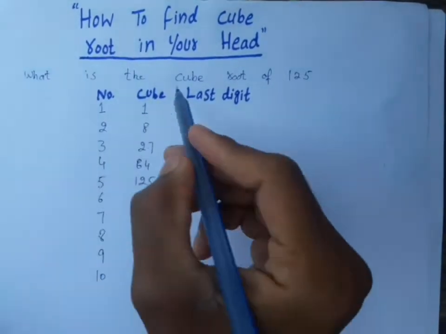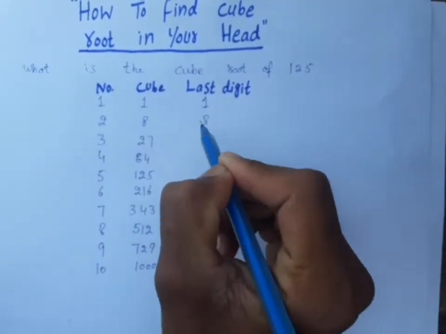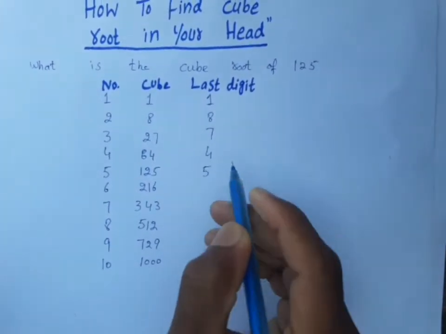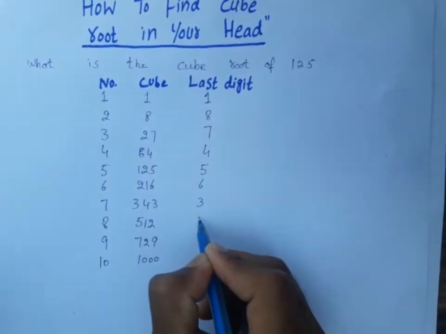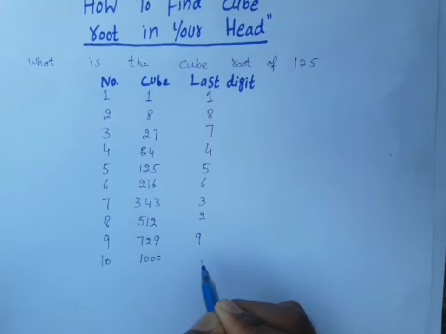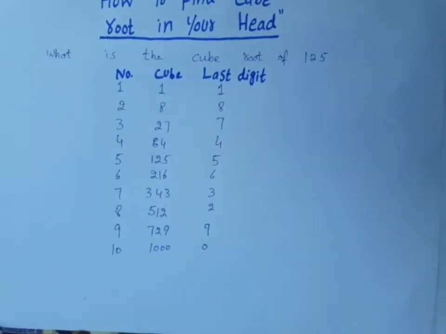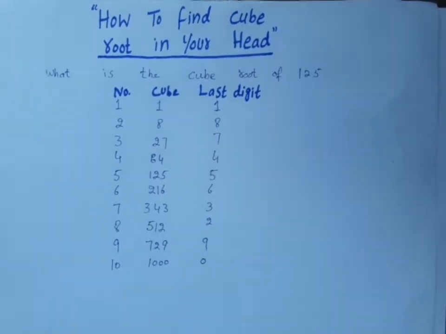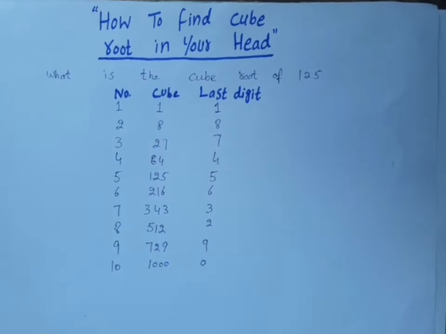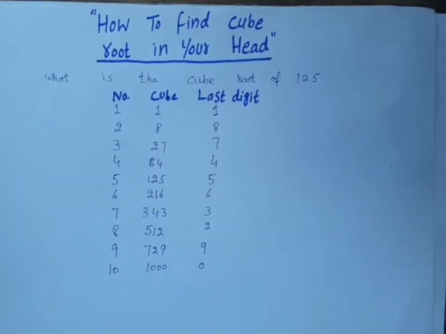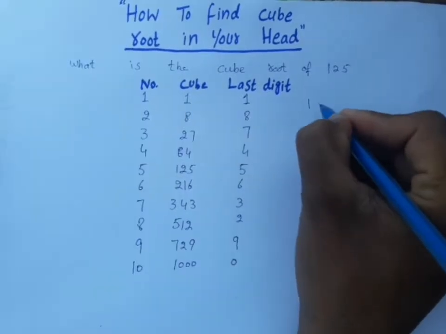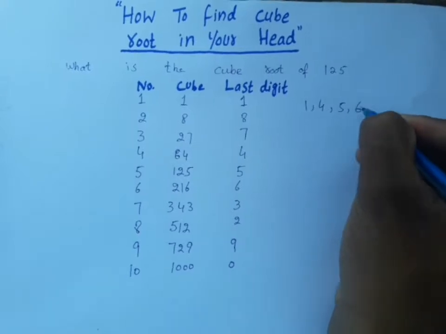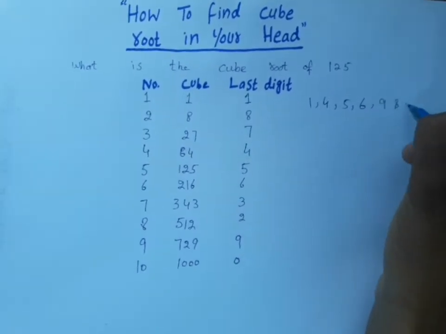Here the last digit is 1, 8, 7, 4, 5, 6, 3, 2, 9 and 0.